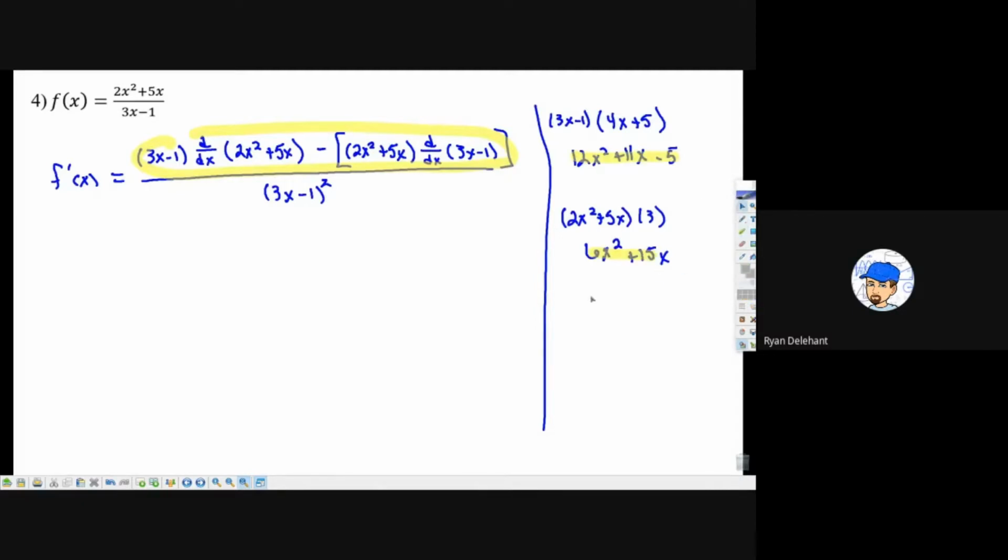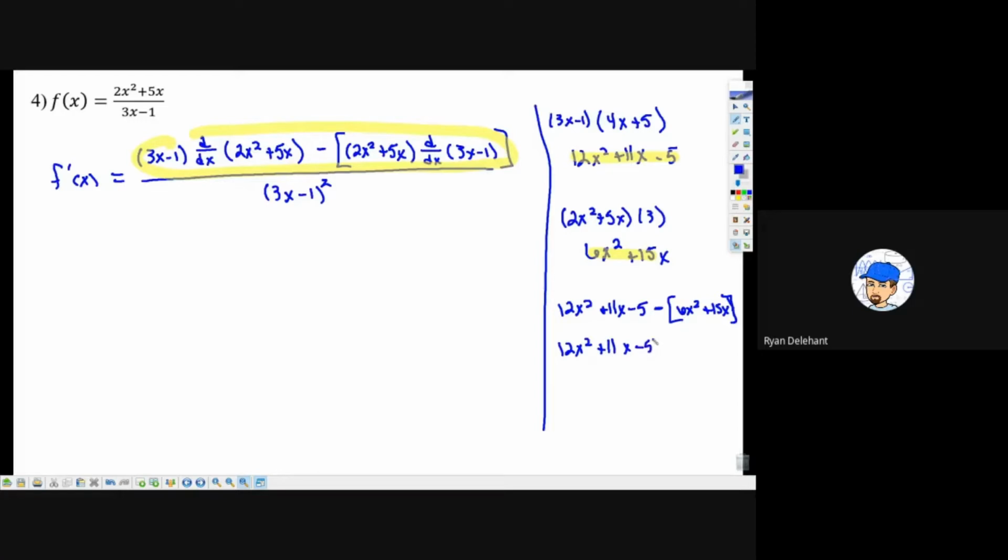But what we need to remember is this is going to be 12x squared plus 11x minus 5 minus all of this stuff. So we'll have to change those signs in here. So that's 12x squared plus 11x minus 5 minus 6x squared minus 15x, and we'll simplify here.